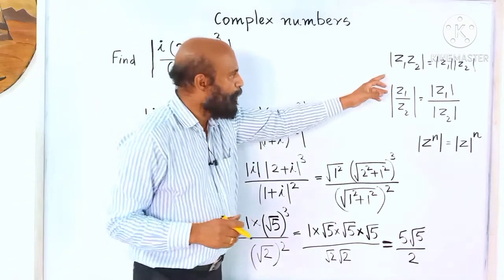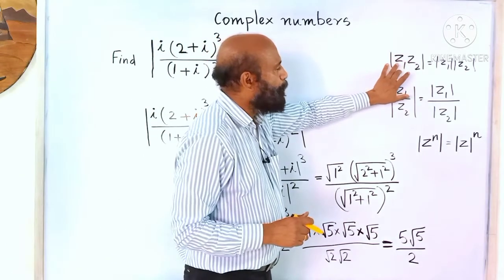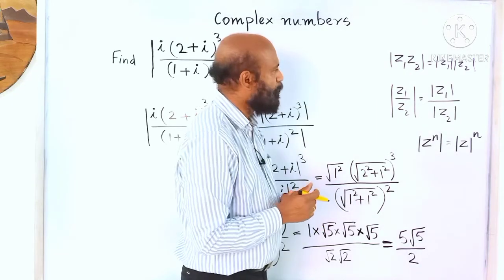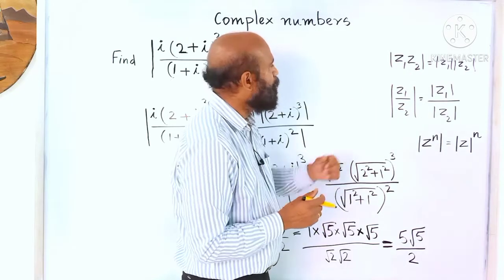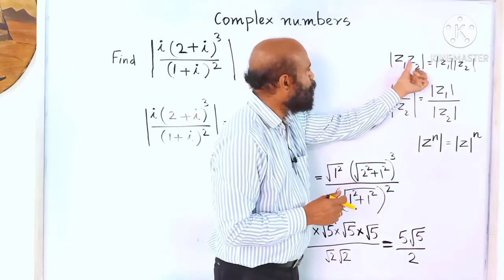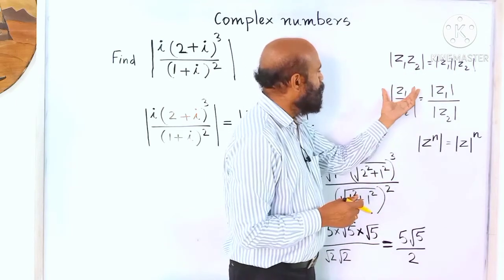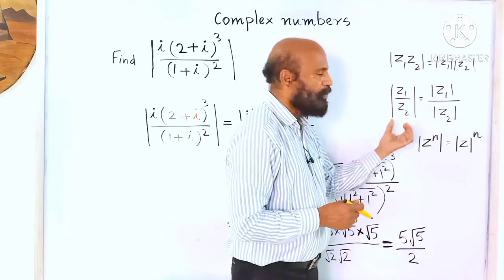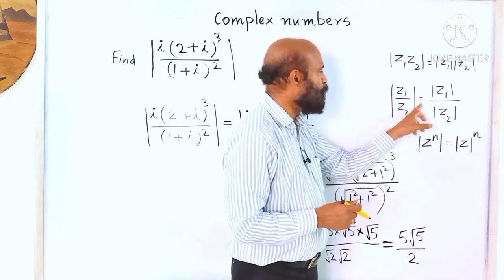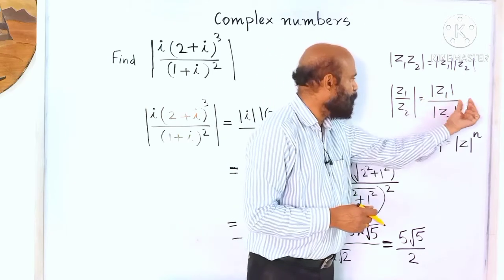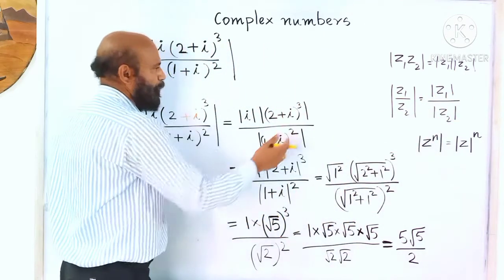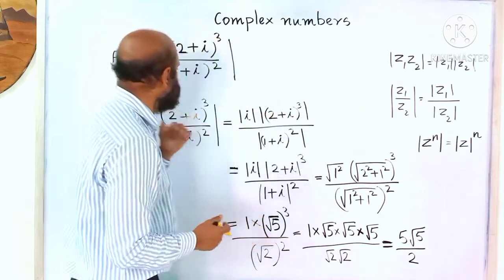But if you are applying the properties of moduli of complex numbers, it's going to be easy. Here modulus of z1 into z2 is modulus of z1 into modulus of z2. Then here modulus of z1 by z2 is equal to modulus of z1 divided by modulus of z2. We can apply these properties here.